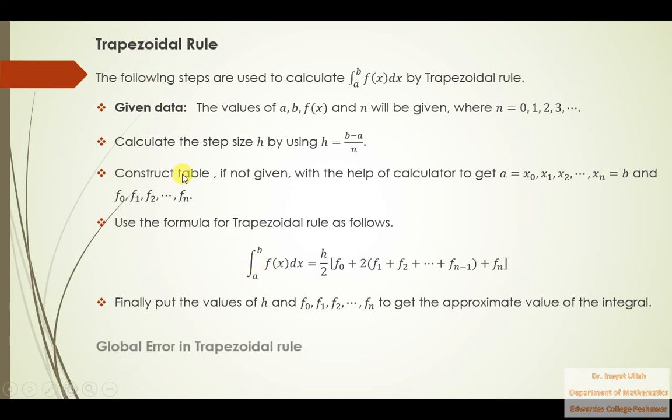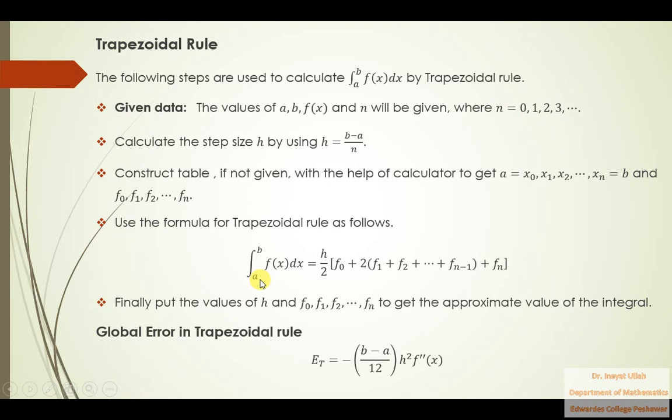And because this is numerical integration, definitely there will be some error in the value of this definite integral. That error is actually called the global error in the trapezoidal rule.